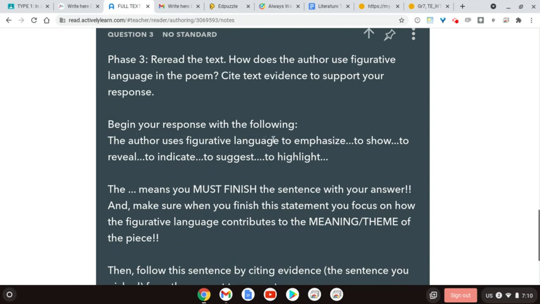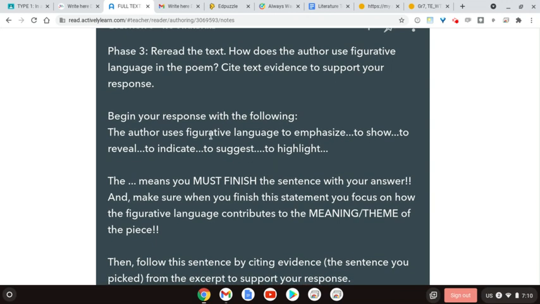You want to begin your response with the following. The author uses figurative language to emphasize, show, reveal, indicate, suggest, or highlight what. So in this case, I do want you to focus on the figurative language you notice in the piece. But we're looking at how the figurative language moves beyond the impact in just that line, and how the figurative language actually does connect to the piece as a whole.